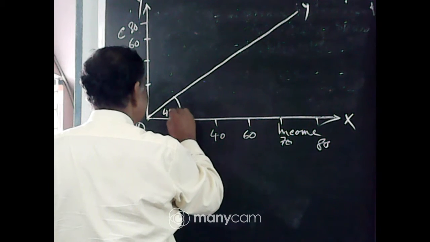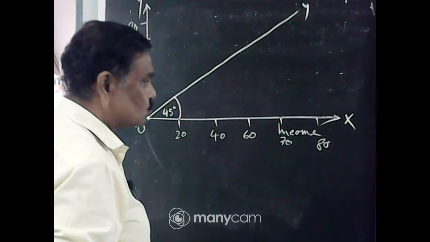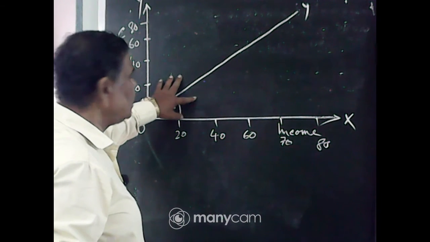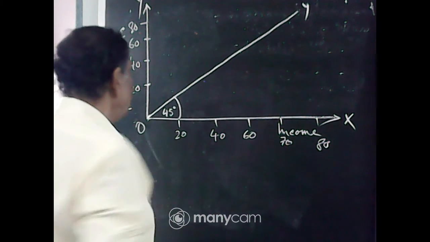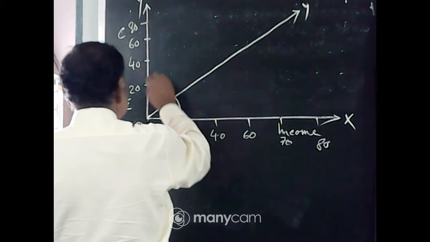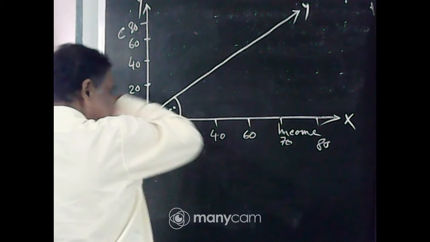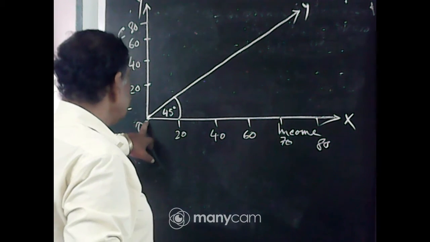It is the characteristic of the 45-degree line to show the equal ratio. Therefore, Y is the income 45-degree line, C is the consumption curve, which starts from 20, not from 0.